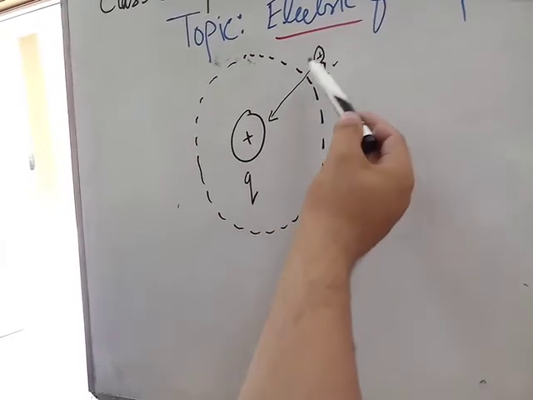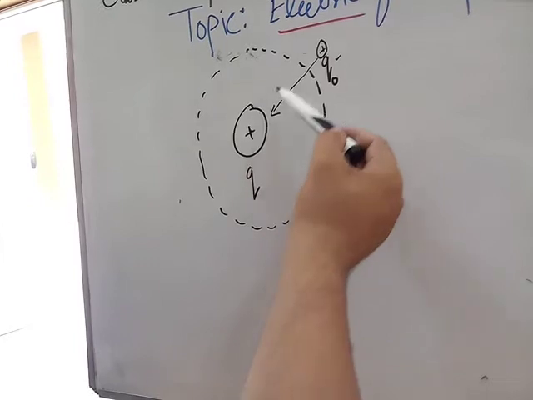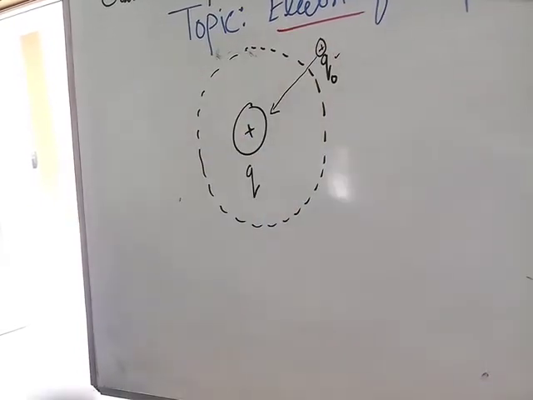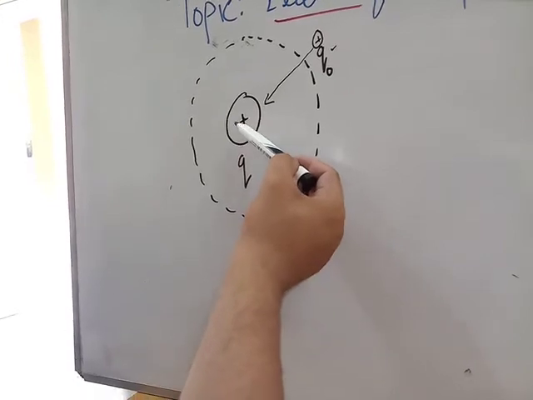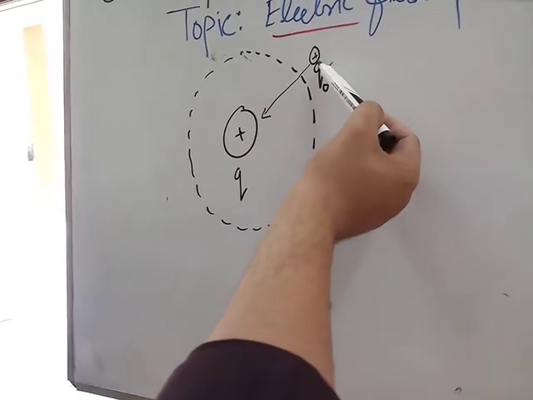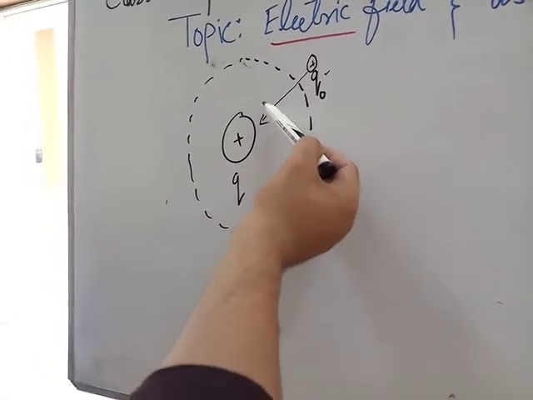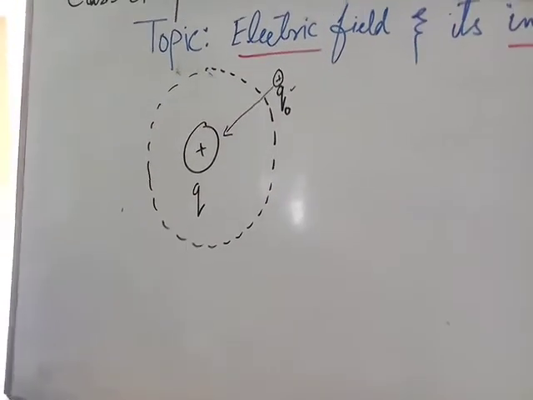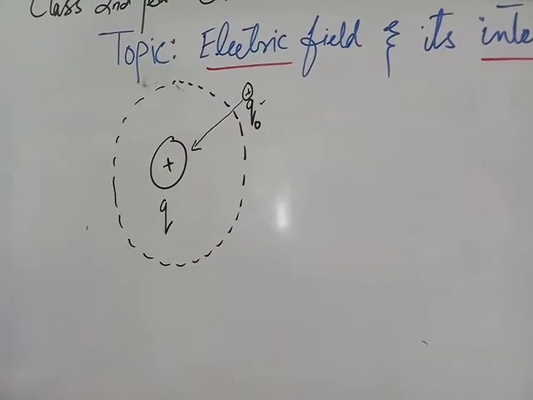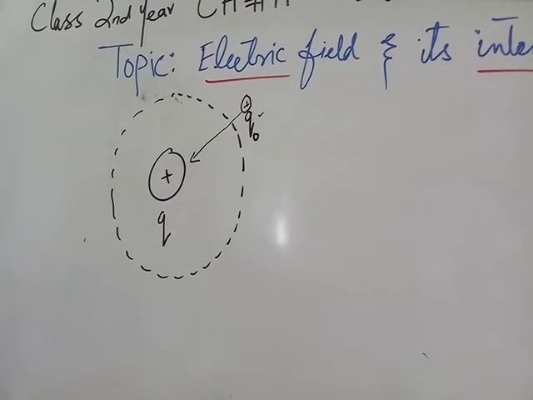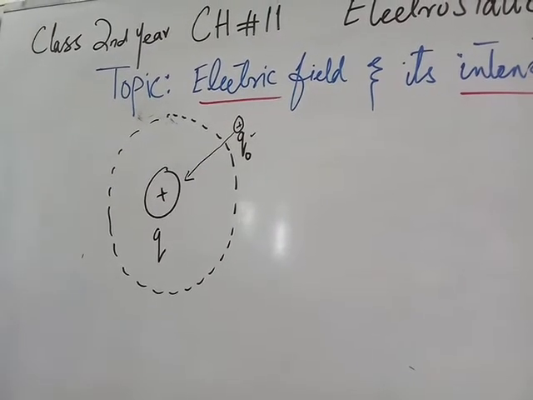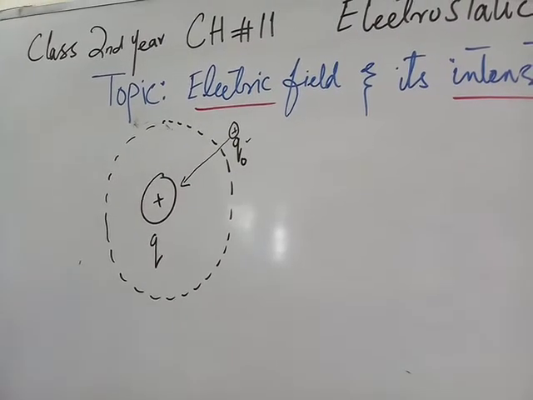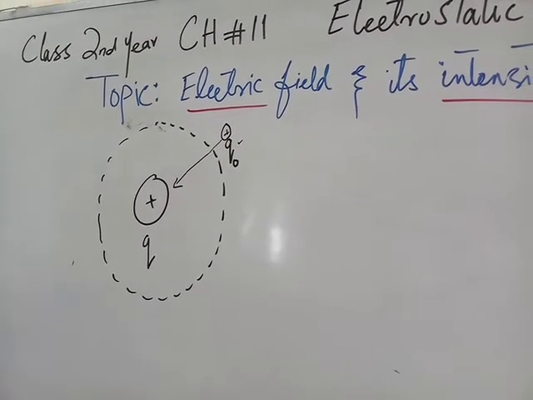If the point charge is positive, it applies a repulsive force on Q naught, and if the point charge is negative, Q naught experiences an attractive force towards the point charge Q. So the definition of electric field is as follows.